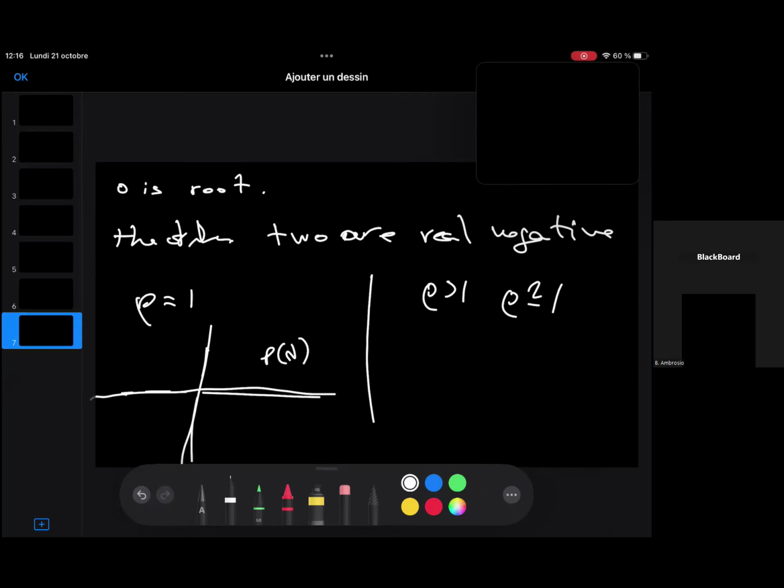So let's write p lambda. So in this case, we have that, that, and that.